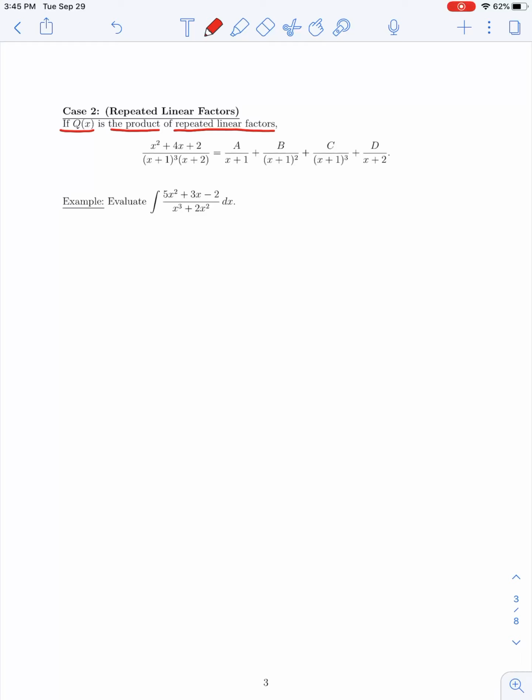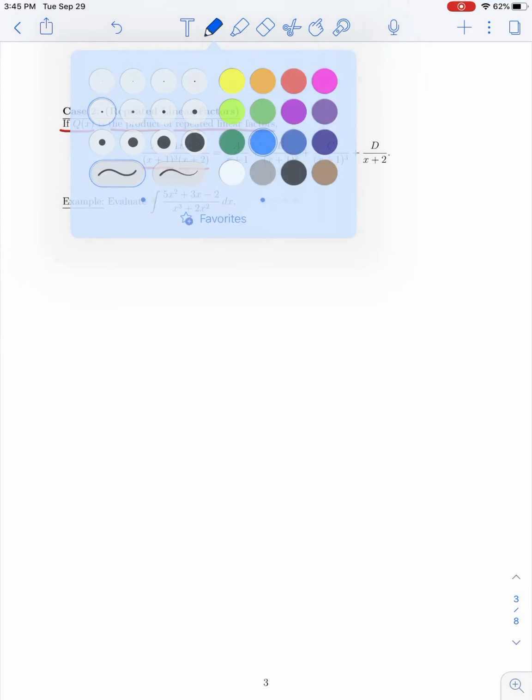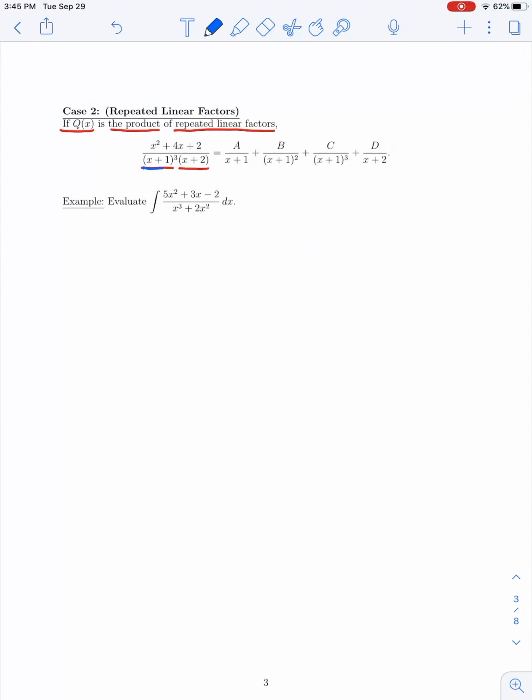As an example, let's say we had a rational function where our denominator could be factored as x plus 1 cubed times x plus 2. So here, my first of these linear factors, x plus 1, appears 3 times. We've got 3 factors of x plus 1 since it was being raised to the 3rd power.